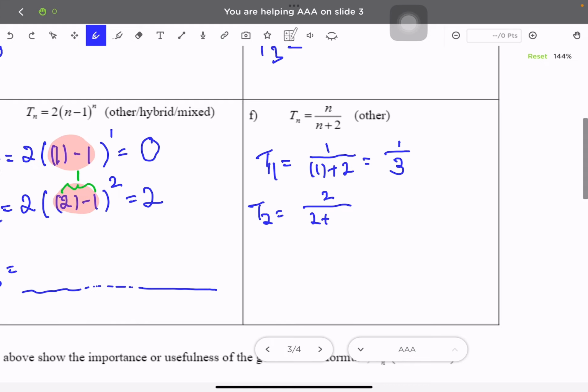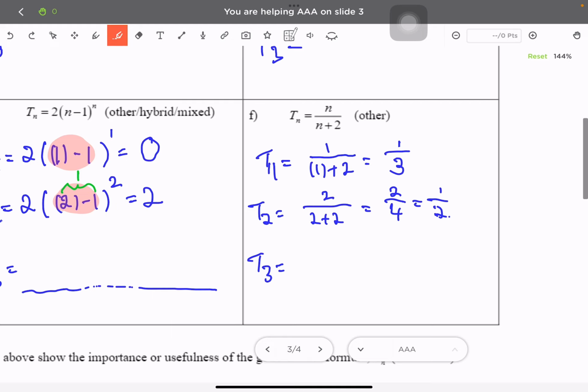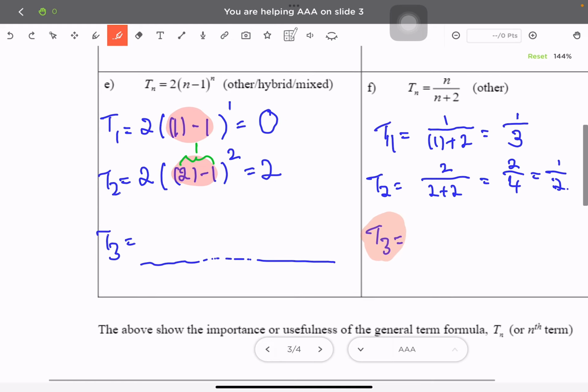Then n as 2, this is 2 plus 2. This is 2 over 4. 2 over 4 can be further reduced to become half. I want you to find term number 3. I'm going to mark this part so that I know whether you have done your work or not.